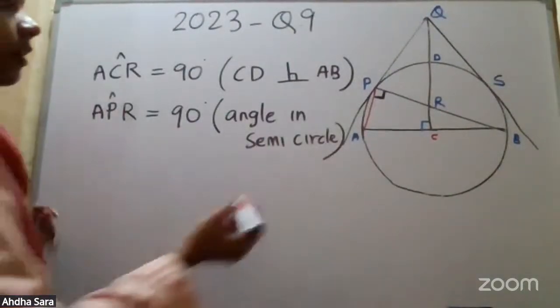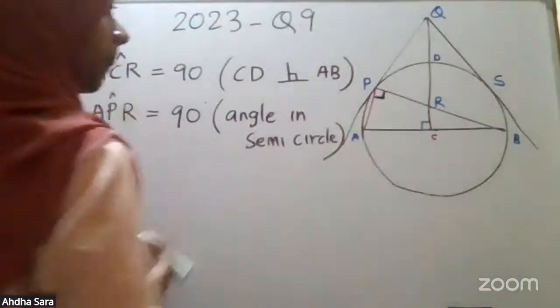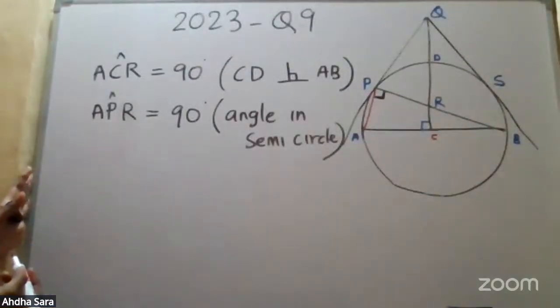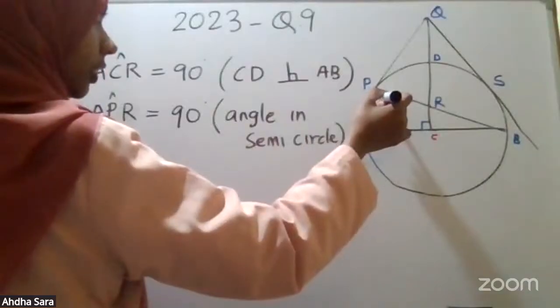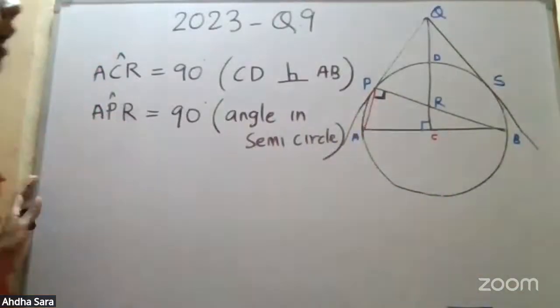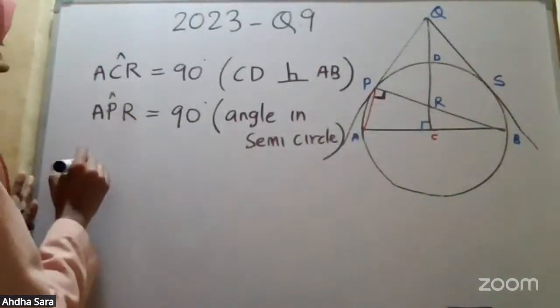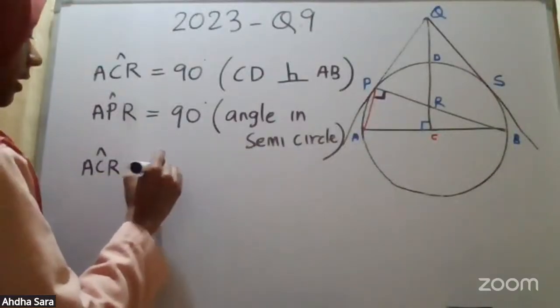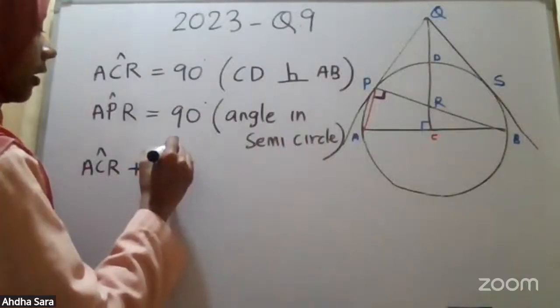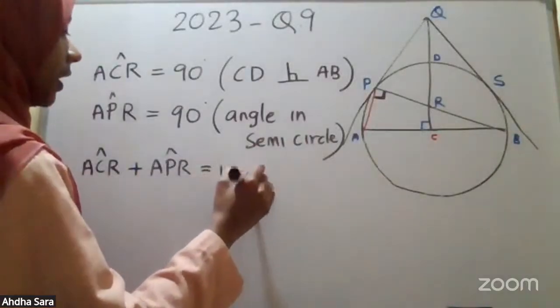So you can say the opposite angles are supplementary. ACR plus APR gives 180.